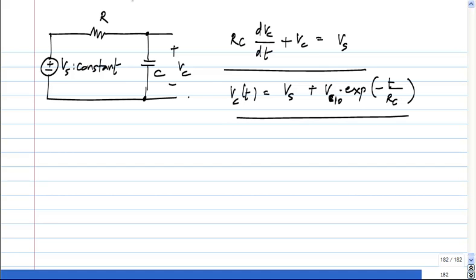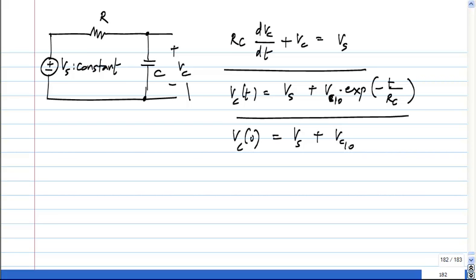Okay. And let's say the initial value on the capacitor was some Vc0, or maybe Vc of 0. So what is the value of Vc10? If I substitute t equal to 0, Vc of 0 should be Vs plus Vc10. So Vc of 0 minus Vs is this constant.